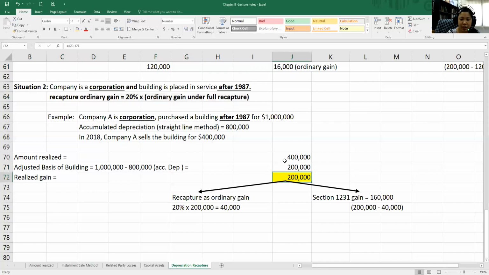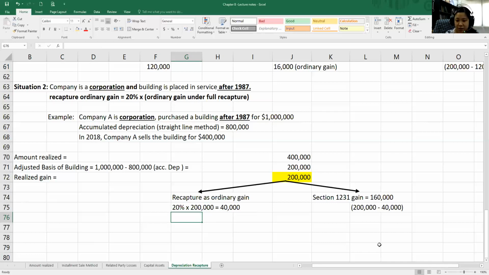Under full recapture, we recognize ordinary gain up to the amount of accumulated depreciation, so all 200,000 will be ordinary gain under full recapture. So 20% times 200,000 gives you 40,000, and this 40,000 is ordinary gain.